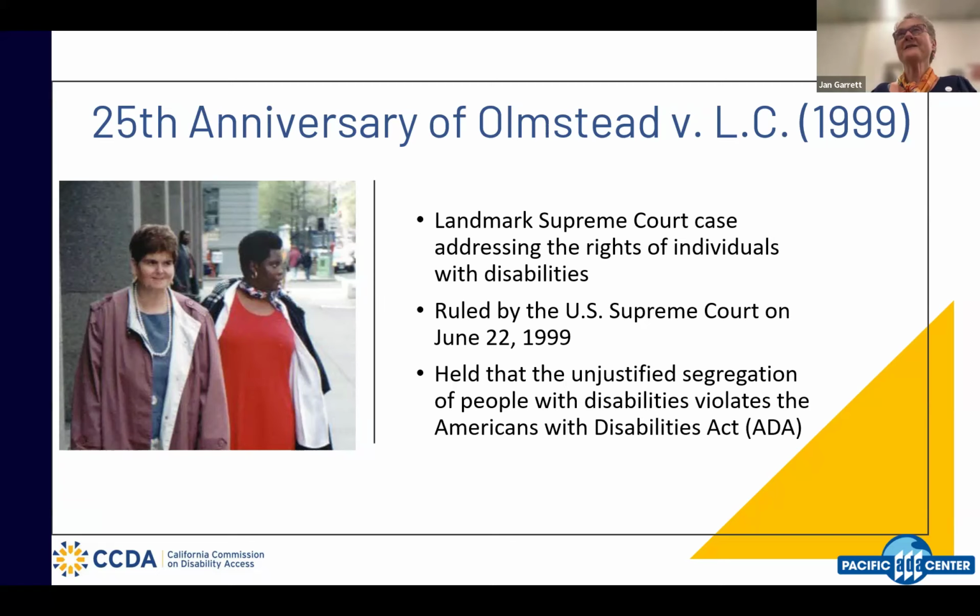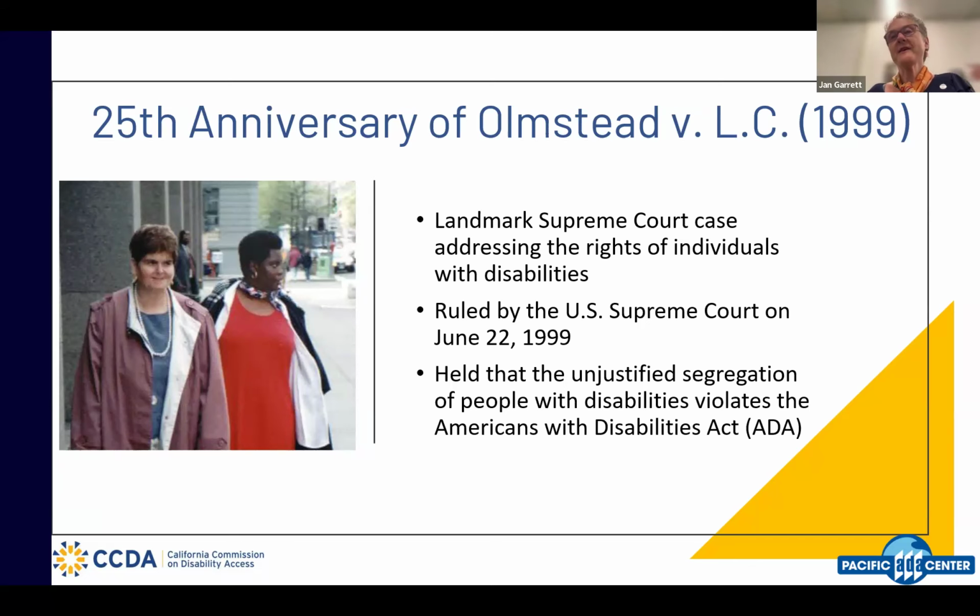Actually, we had a little discussion about this earlier about what is unjustified segregation. Is segregation ever justified? I think that's a viable question. But they ruled that unjustified segregation of people with disabilities violates the ADA.